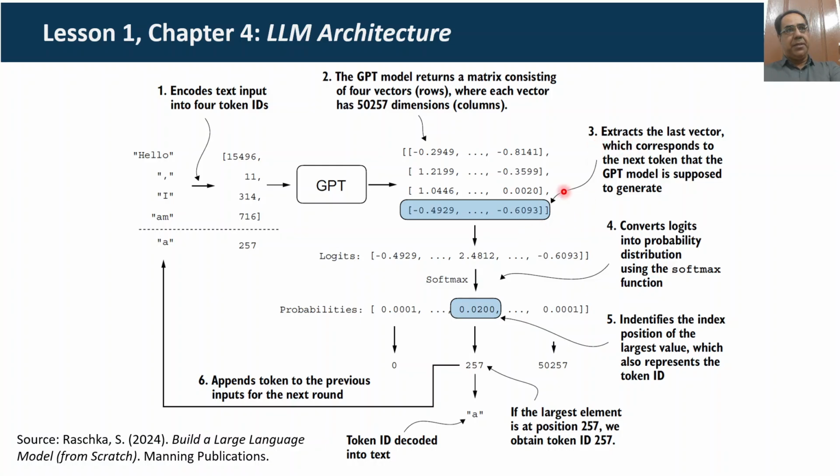In step 3, as a part of post-processing, we extract the last vector, which is supposed to be related to the generated text token. This one. Okay, these logits are then converted into probabilities using the softmax function.